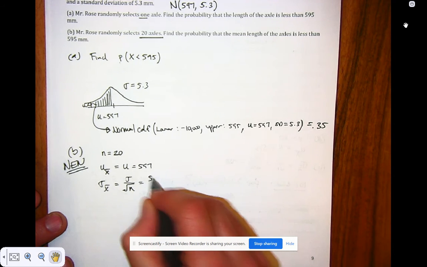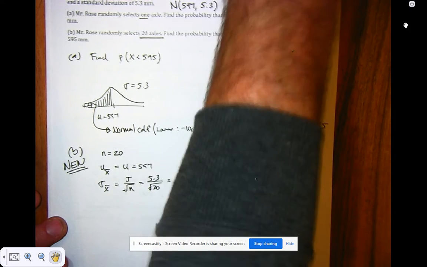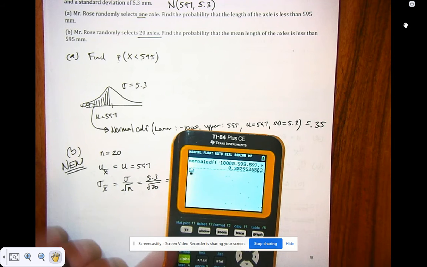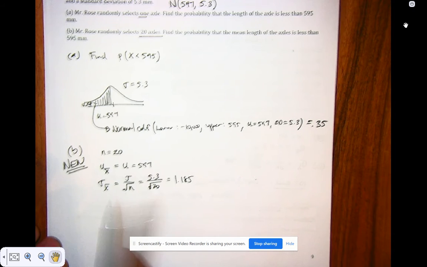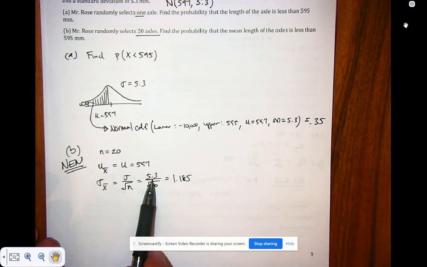So I have to go take that 5.3 and divide by the square root of 20. And what you're going to see here, you guys, is if you do this, your variability went down to 1.185, right? So the standard deviation is less because you took 20, right?